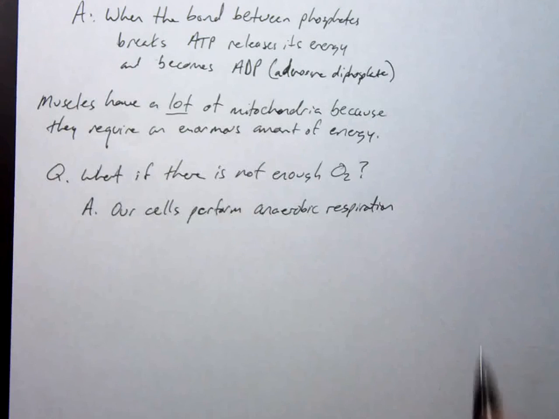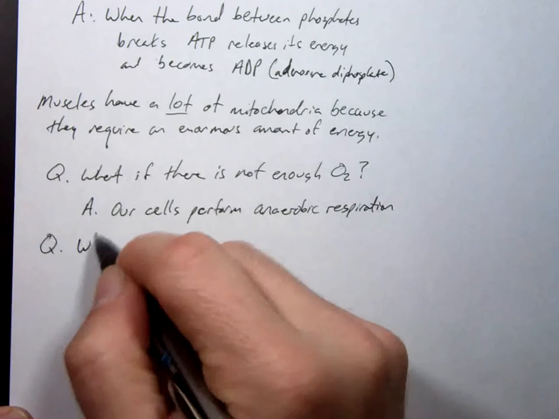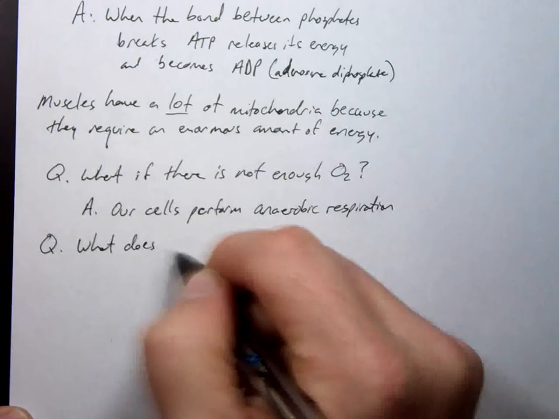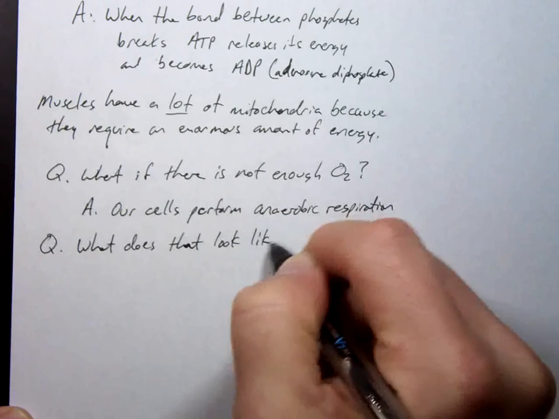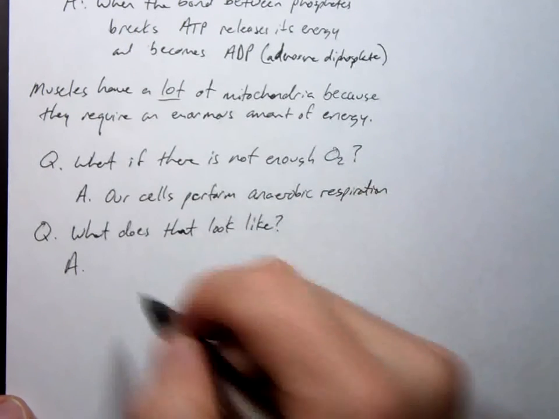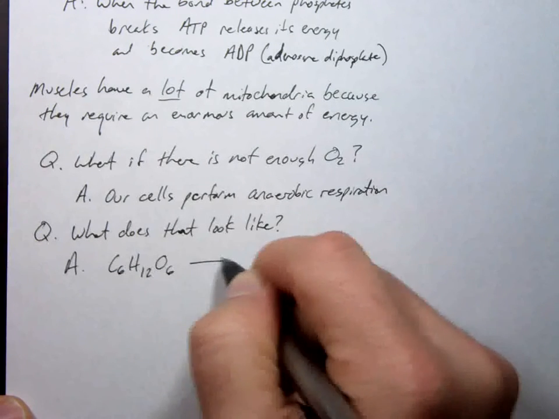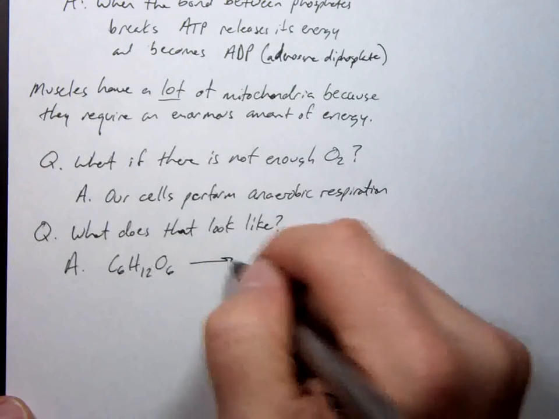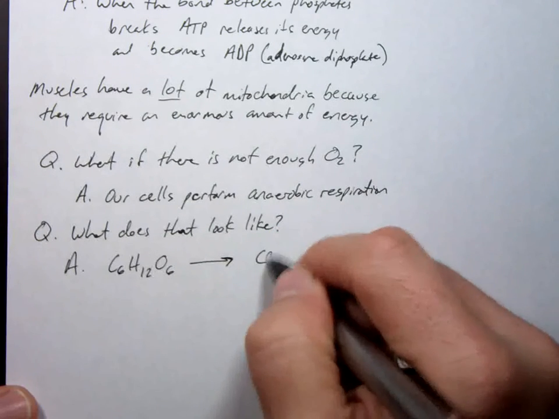So logically, the next step would be, what does that look like? Answer: C6H12O6 plus nothing, because we don't have any oxygen going in, yields CO2 and energy.